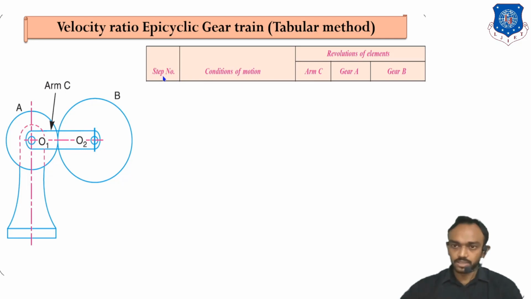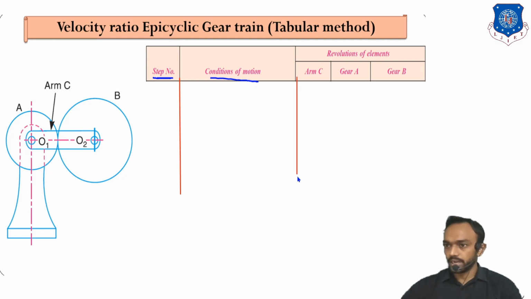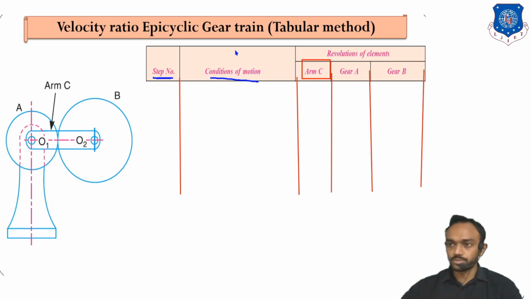I'm repeating again: first there will be steps, second the condition for the motion, and after the condition of motion there will always be the arm first, and after that all the gears. So the starting will be done from the arm.